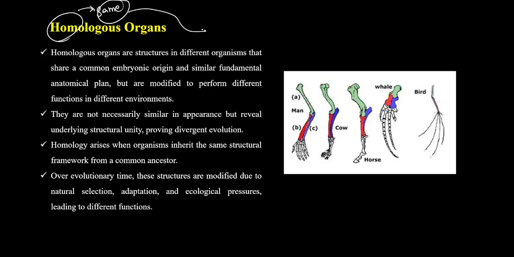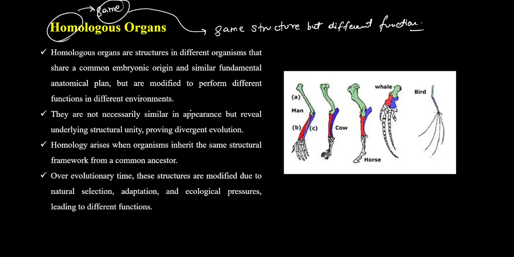Basically, homologous organs are those organs which have the same structure but different function. They have the same structure but different function.